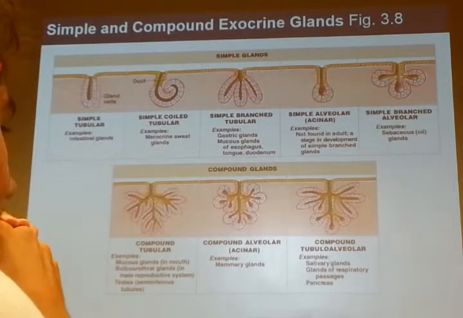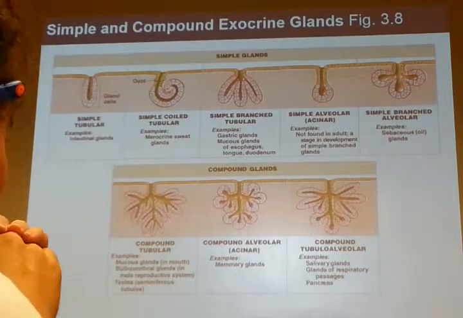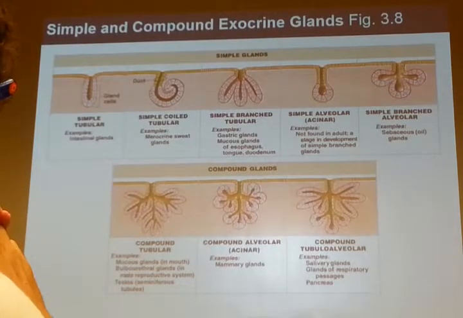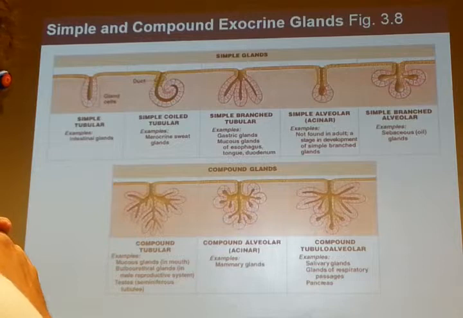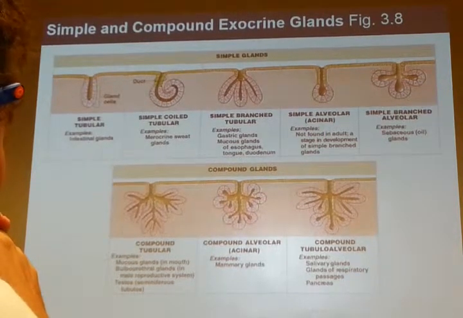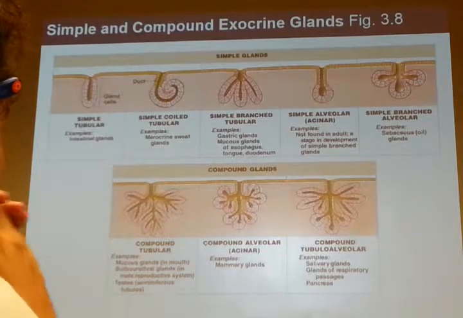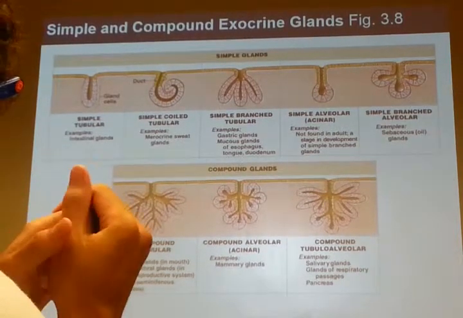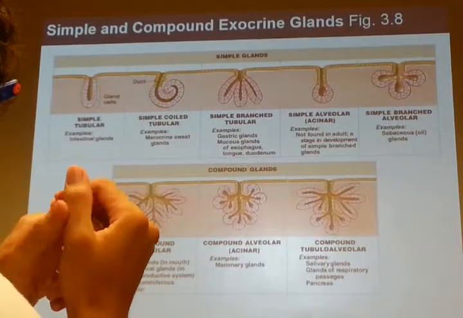So acinar and alveolus, you can use those terms interchangeably. They still mean a circular ball of cells. Not found in the adult, is found in the embryo. So you're not going to find that in adult.